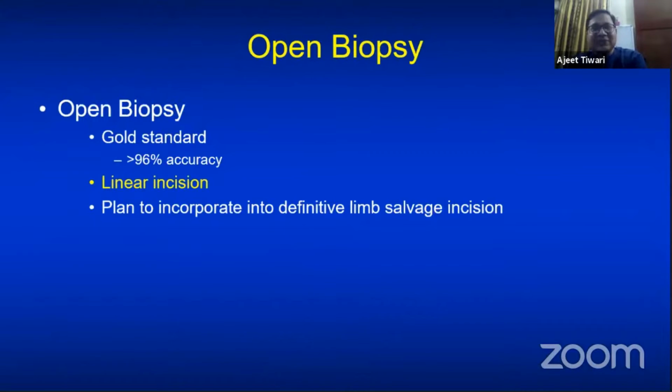If you put a transverse incision, it is very difficult to plan the surgical incision. So always put a longitudinal incision, and next time when you go for the definitive surgery, always take out the biopsy scar.